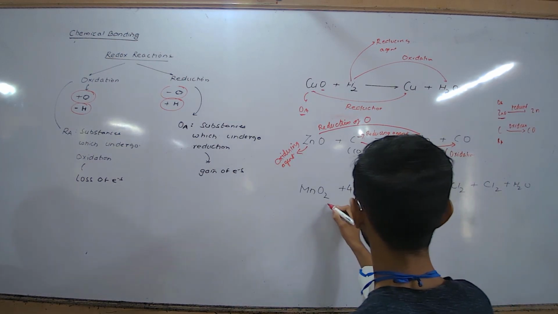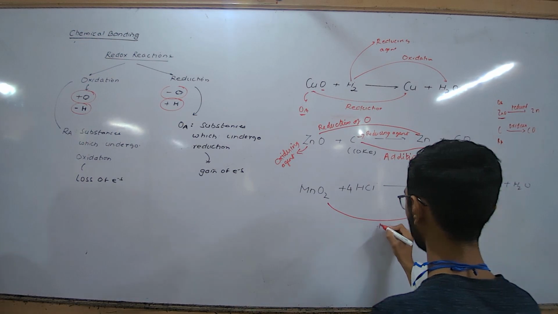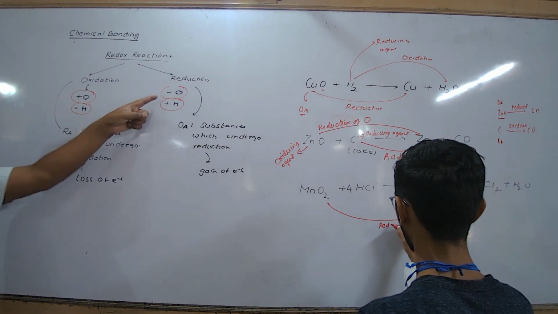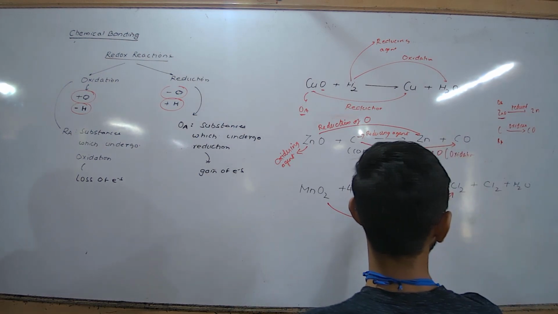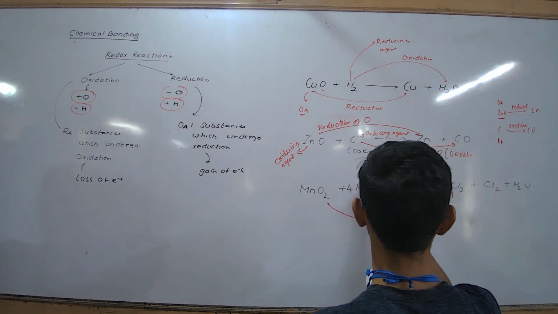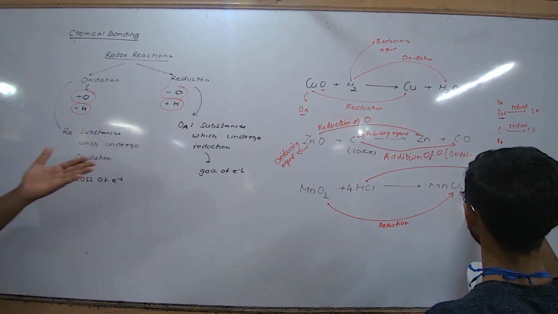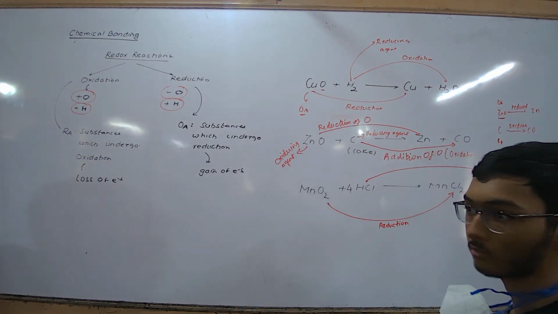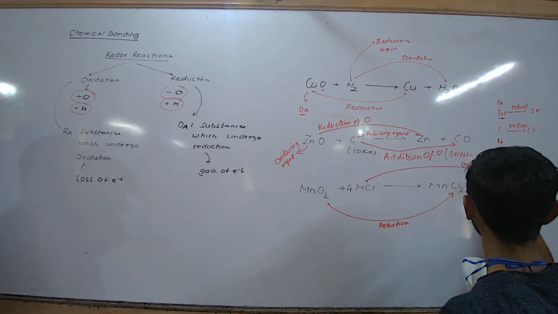MnO2 plus 4HCl. Look at this reaction. MnO2, that means oxygen is missing. Oxygen is missing means reduction. Look, hardly one minute it takes. Dhwani, which one will be the oxidizing agent, which one the reducing agent? So Dhwani will give the answer.